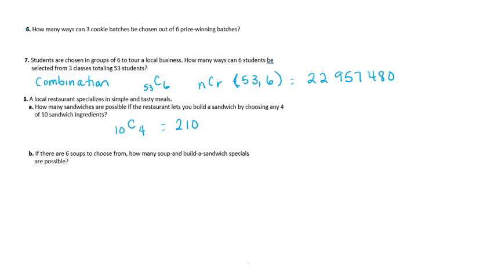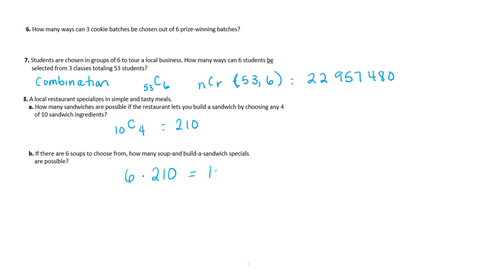Now, let's say we combine that and there are 6 soups to choose from. How many soup and build a sandwich specials are possible? So this is now the counting principle. I have 6 different soups I can choose from, 210 different sandwiches to choose from.